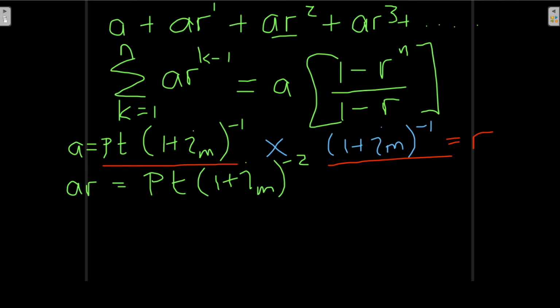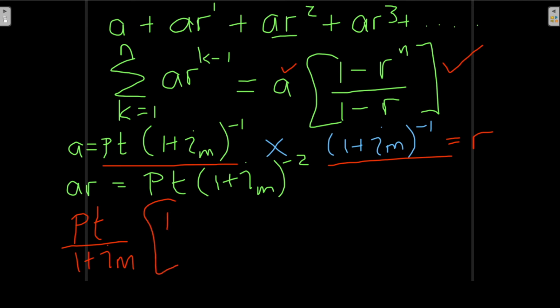Now we can substitute it into this formula. If I do that substitution, my A is the payment, and (1 + i_m)^-1 is the same as just dividing by (1 + i_m). So that is the A.